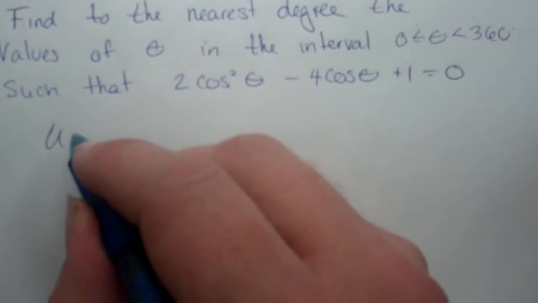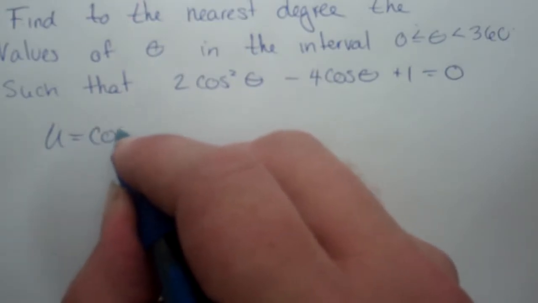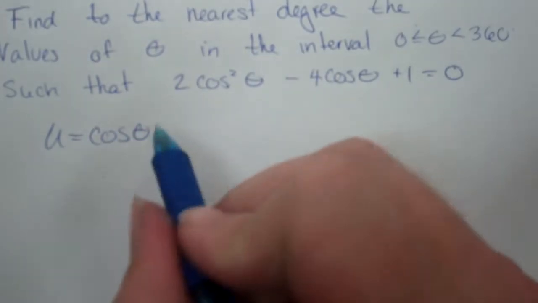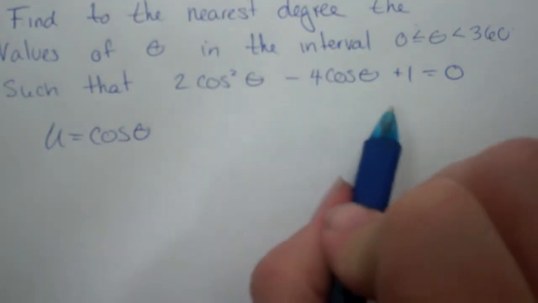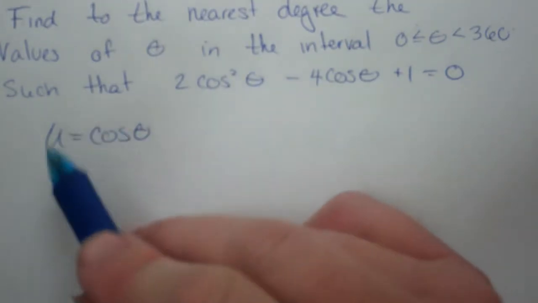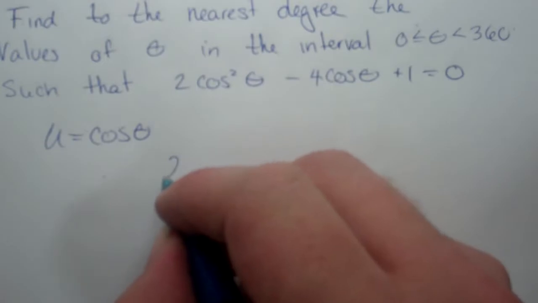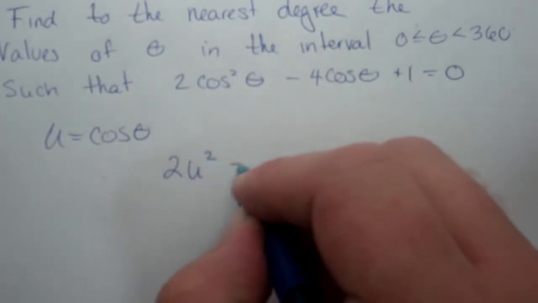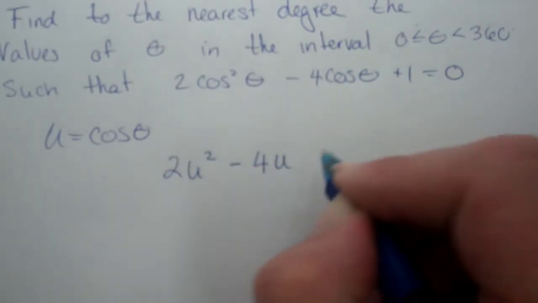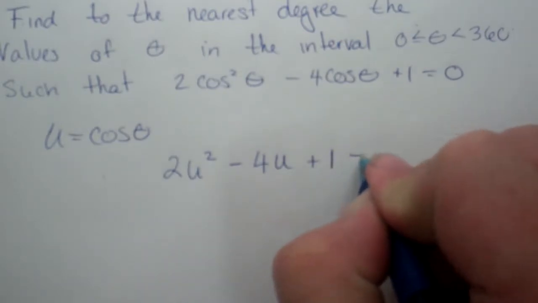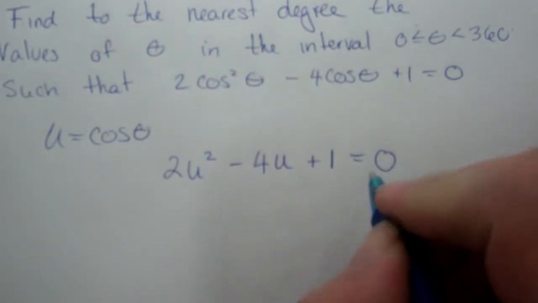So I'm going to say u is equal to the cosine of theta, and let's rewrite this trig equation in terms of u. That gives us 2u squared minus 4u plus 1 is equal to 0.